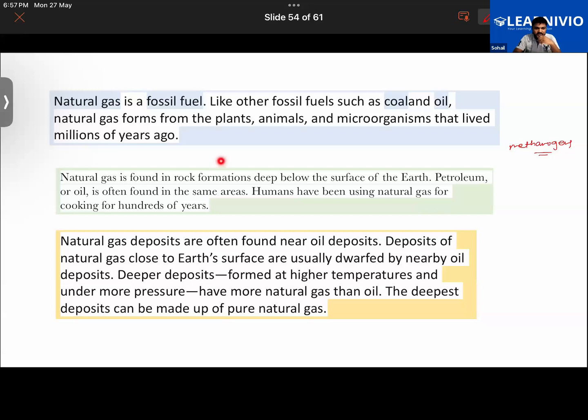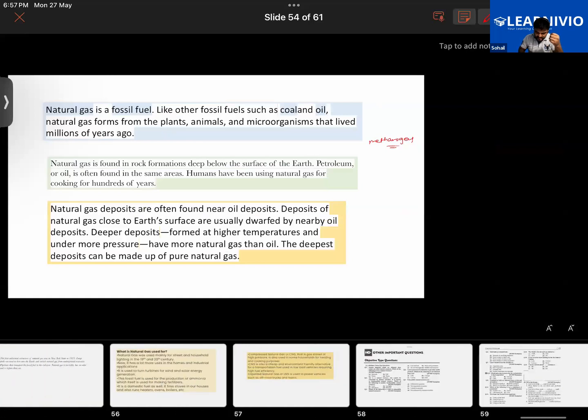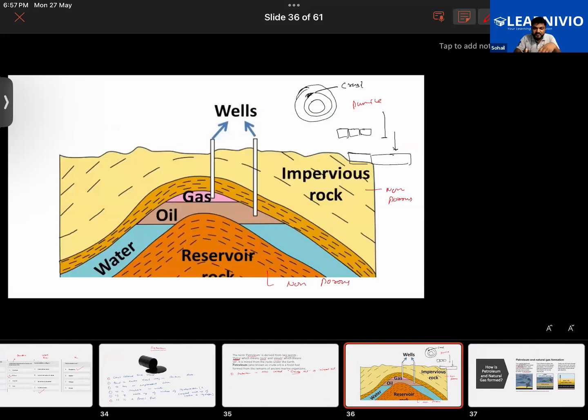Talking about natural gas, it is found in rock formations that are very deep below the surface of the Earth. Sometimes petroleum can also be found in the same area where natural gas is found, as we looked at in these images while talking about petrol. Natural gas is also found there along with oil.